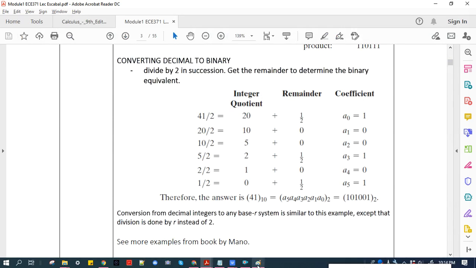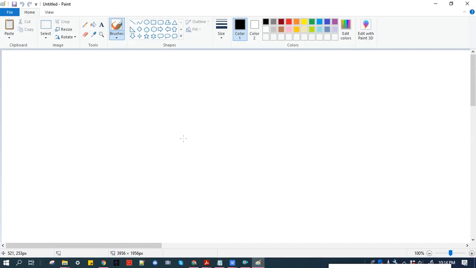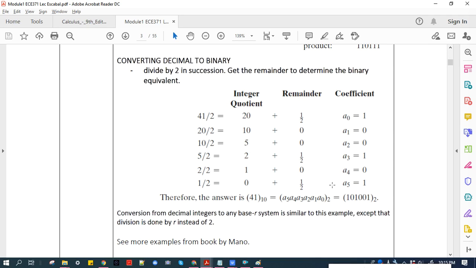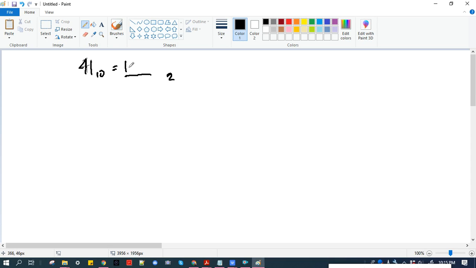For example, 41 base 10 in binary. We have already solved the equivalent, which is 101001 base 2.